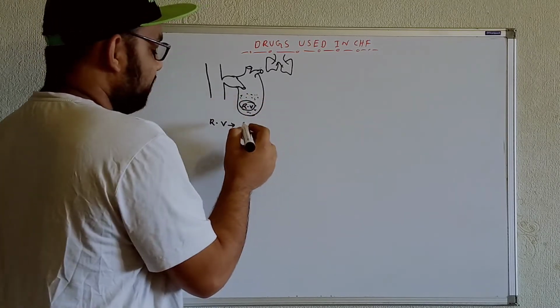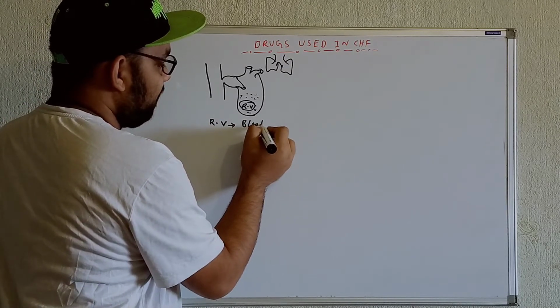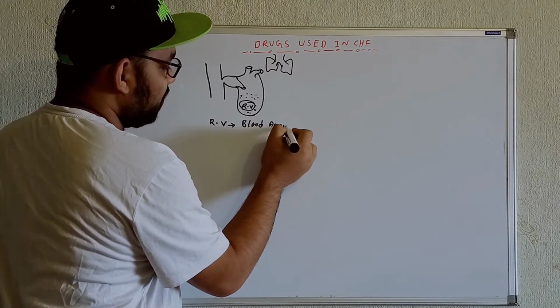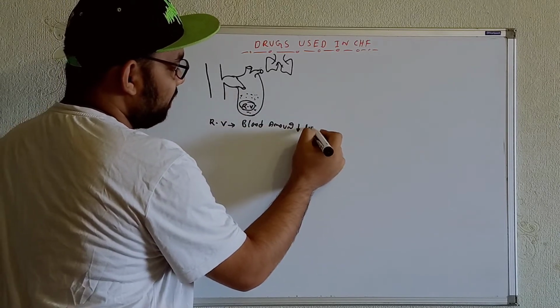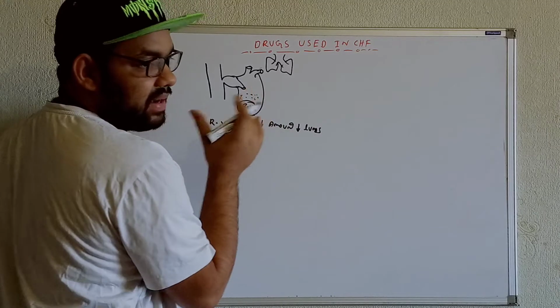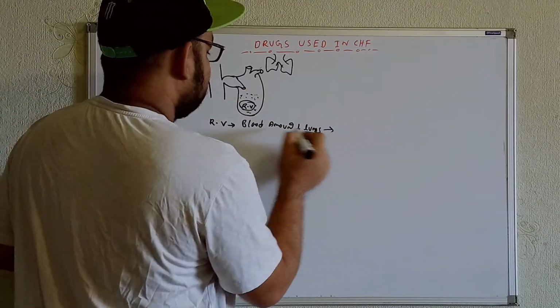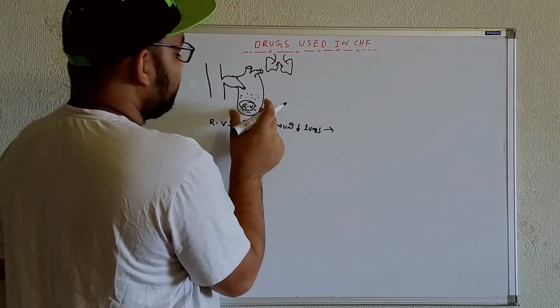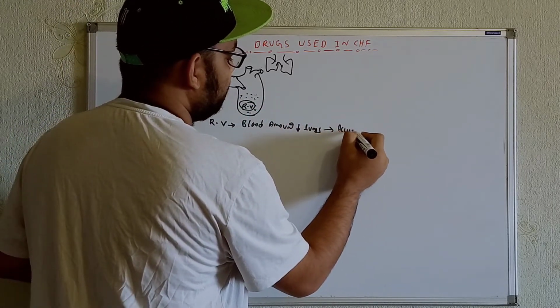Now, see what we'll see after that: the amount of blood within the lungs will be less because the right ventricle is not able to pump the blood properly. Okay. Now see, as a result, we'll see the accumulation of blood within the right ventricle over here.